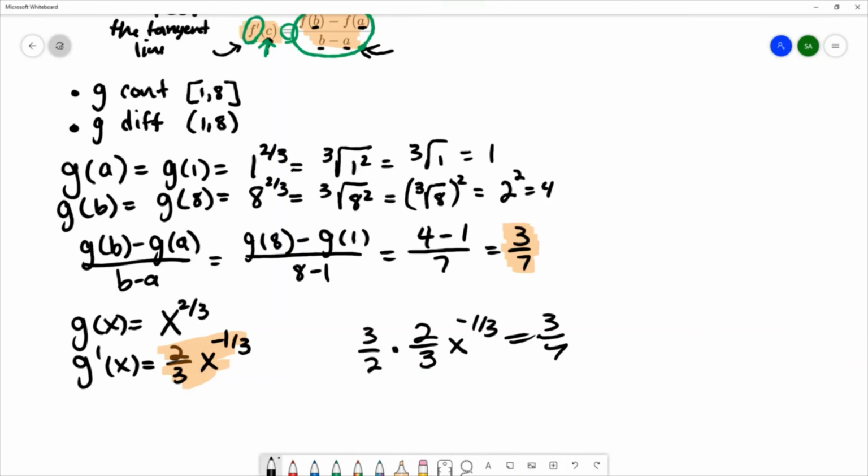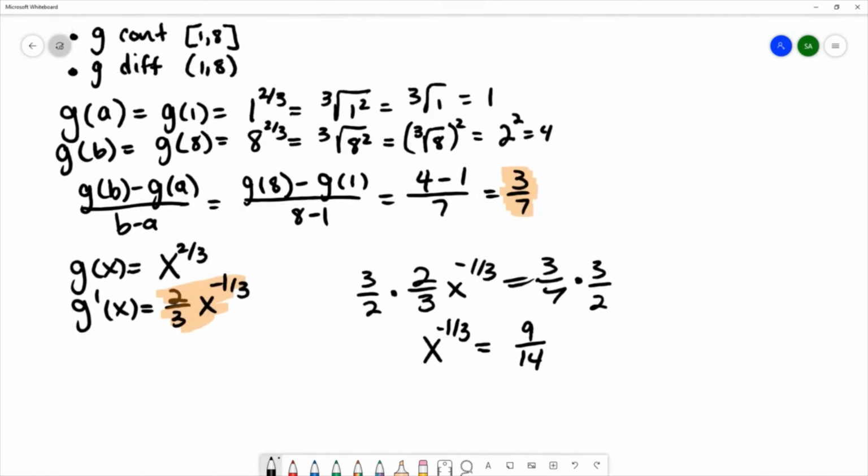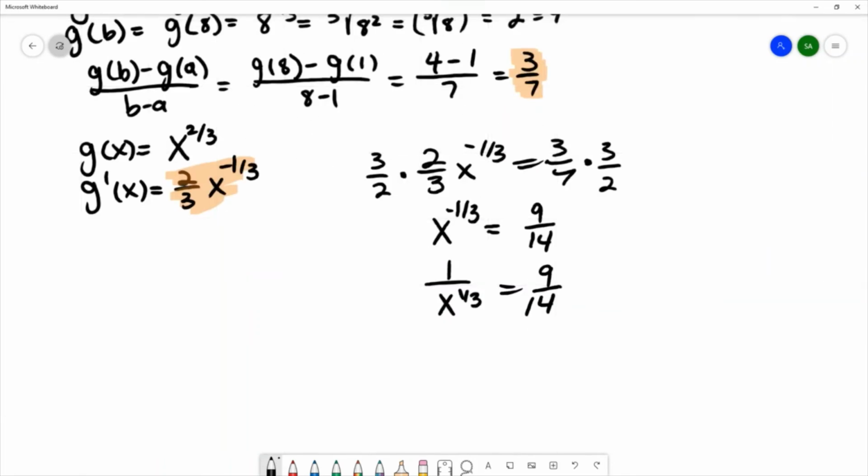That's 3 over 2. So on the left-hand side, we have x to the negative 1/3 equals 9 over 14. X to the negative 1/3 is the same thing as 1 over x to the 1/3. So I could cross multiply to solve this. That would give me 9x to the 1/3 equals 14. I'll divide by 9, and that gives me x to the 1/3 equals 14 over 9.